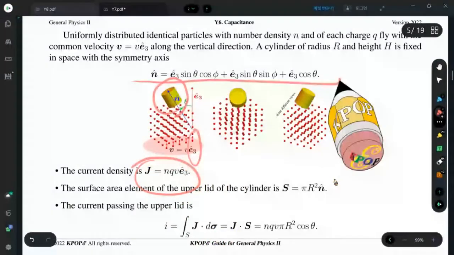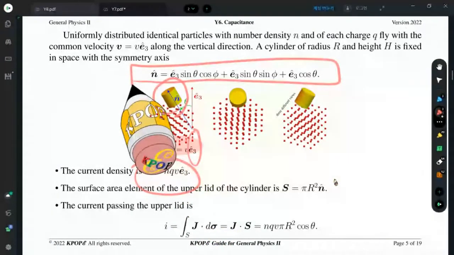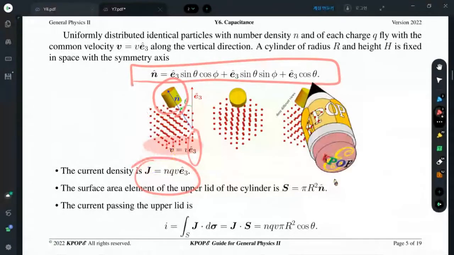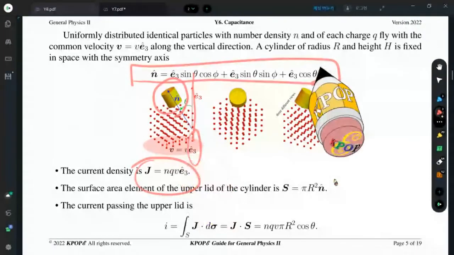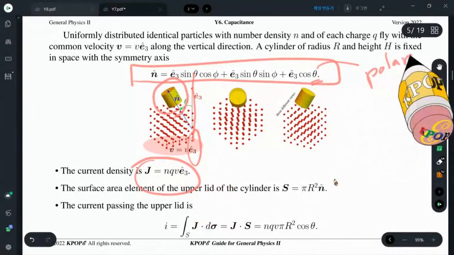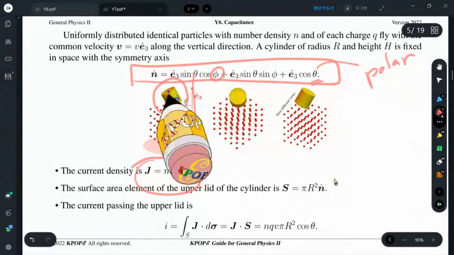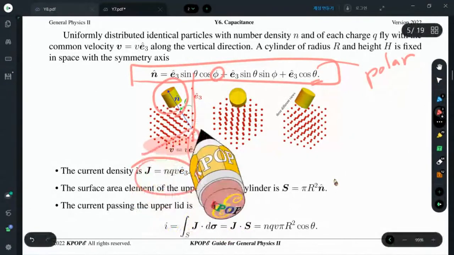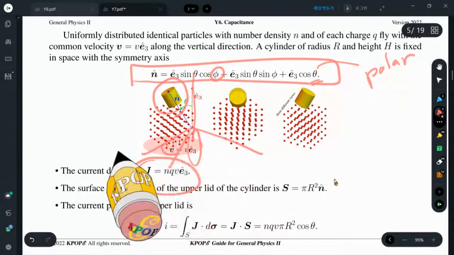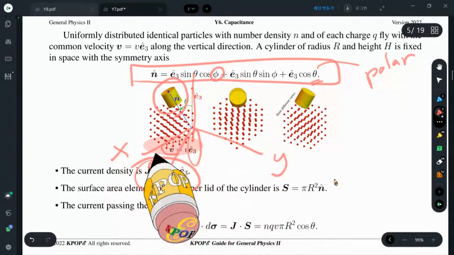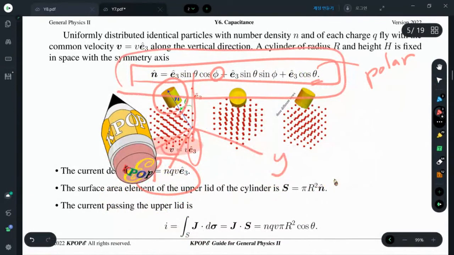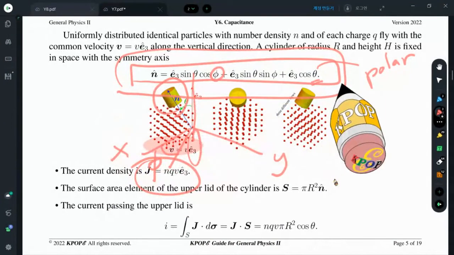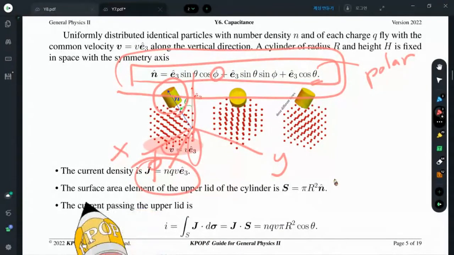We recall that a unit vector making an angle theta with respect to the z-axis is called the polar angle. And if this vector makes an azimuthal angle phi on the xy plane, then the unit vector is always expressed in such a manner. So in this case, we want to compute various things.